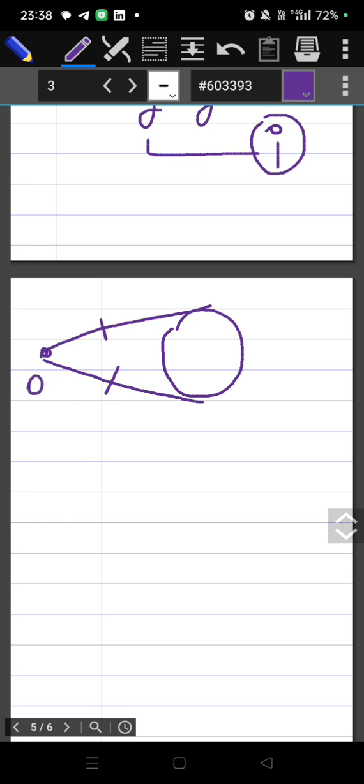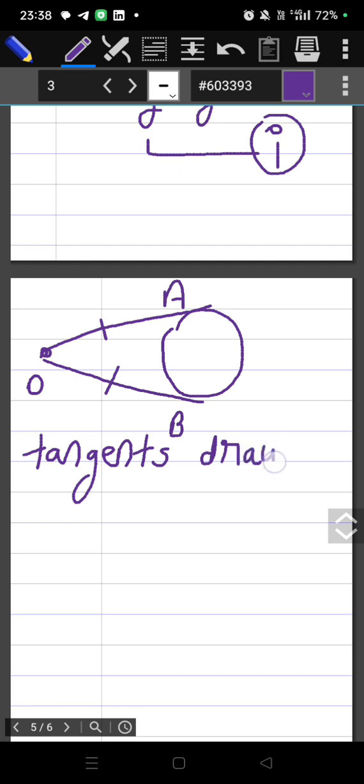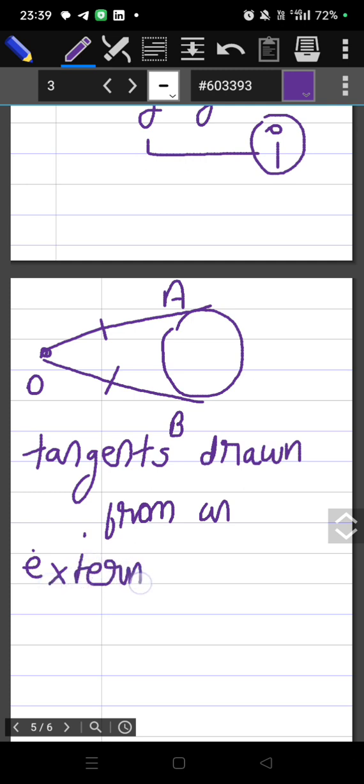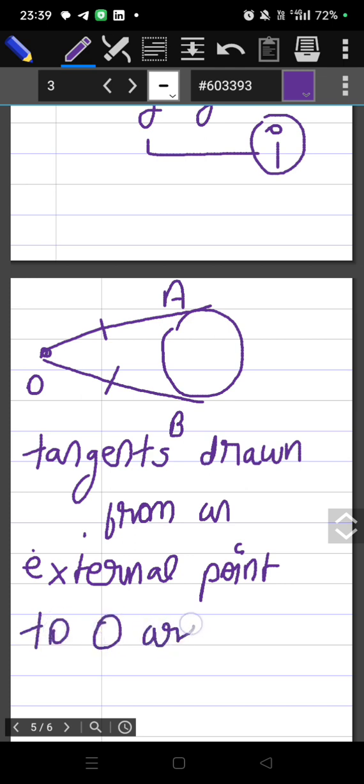Let me name this OA, OB. Tangents drawn from an external point to circle are equal.